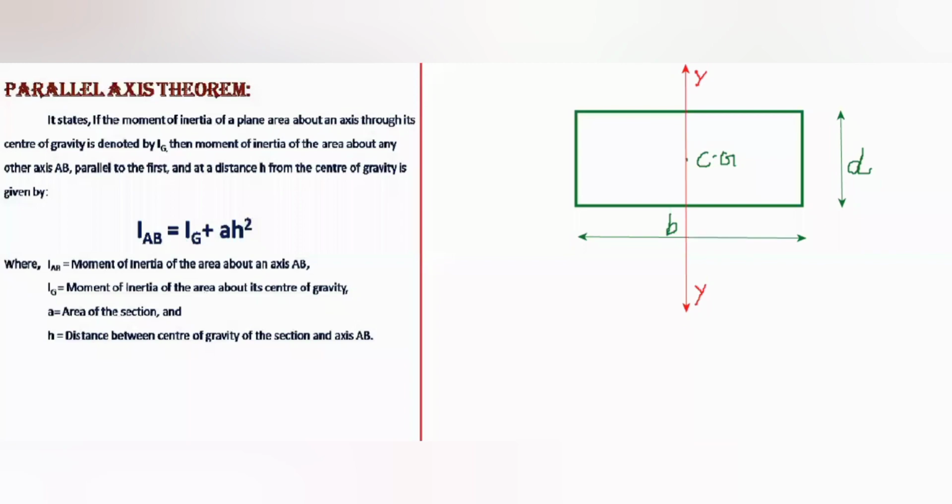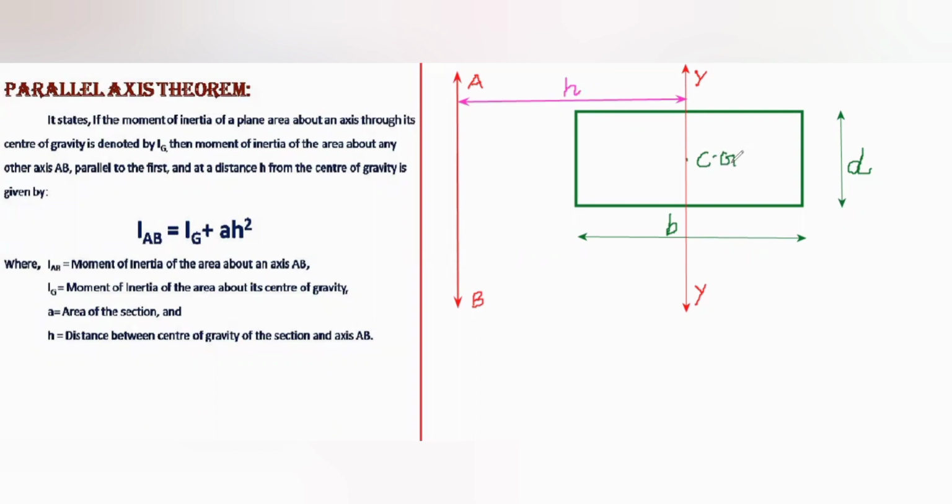So here we are going to calculate the moment of inertia with respect to an axis AB, this axis is at a distance h from the center of gravity or the vertical axis y, which passes through the center of gravity.